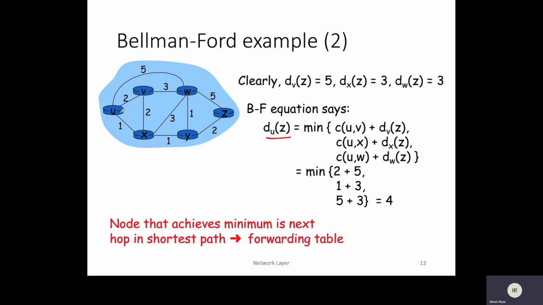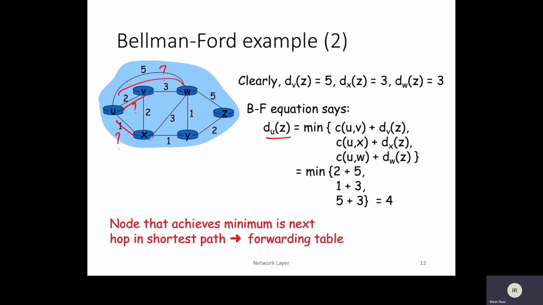You will find the cost to reach z from each of its neighbors. So it will find the cost to reach z via v, via w, and via x, and it will select the path which is the shortest path to reach the destination over all the neighbors.